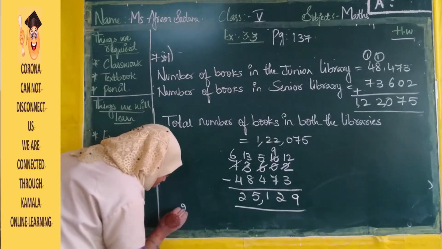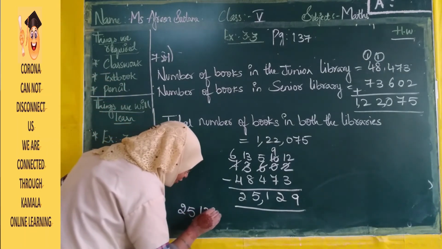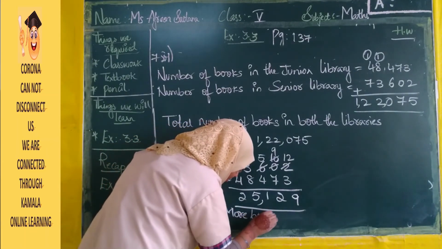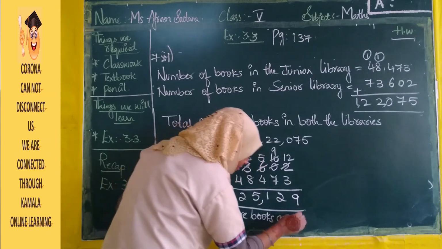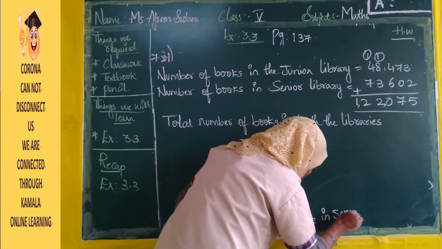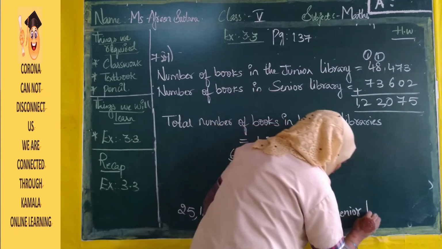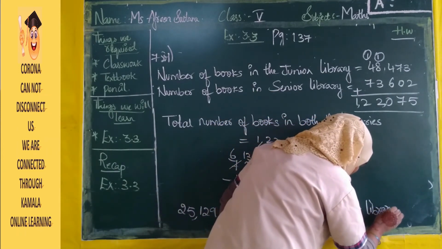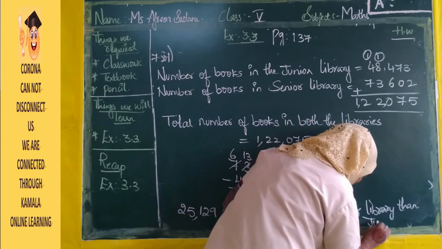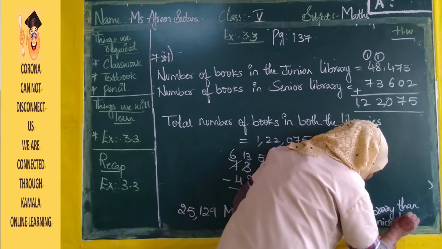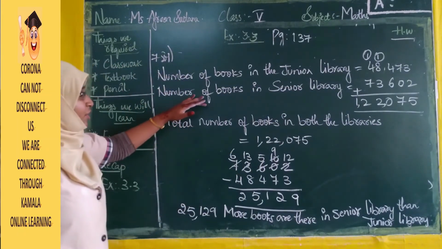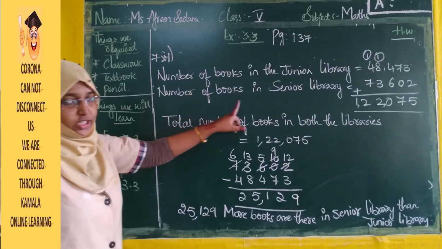So the last statement is: 25,129 more books are there in the senior library than the junior library. First we have written the number of books in the junior library and the number of books in the senior library.